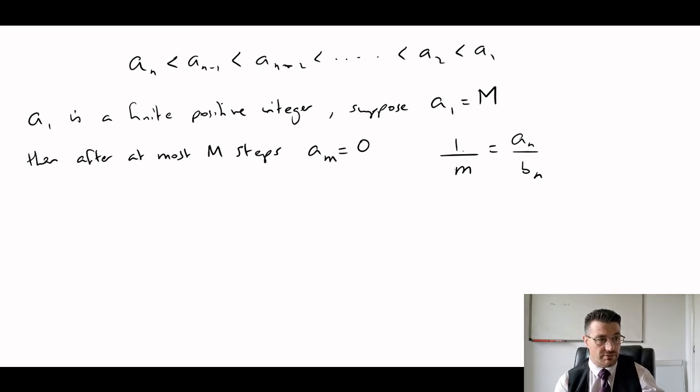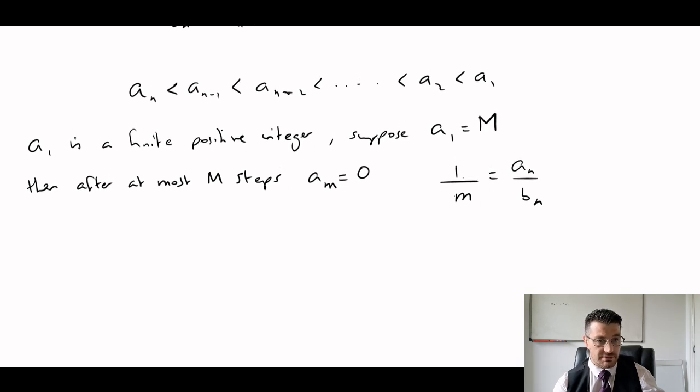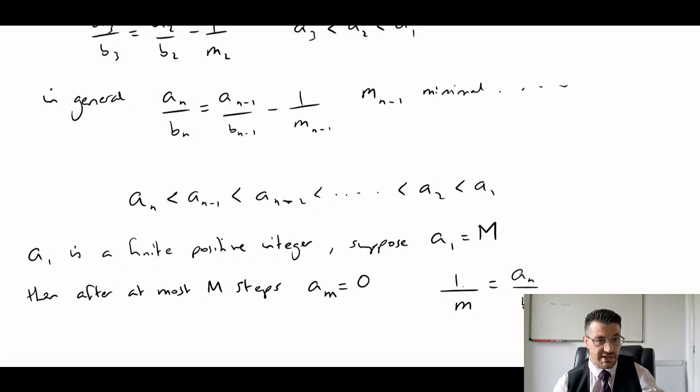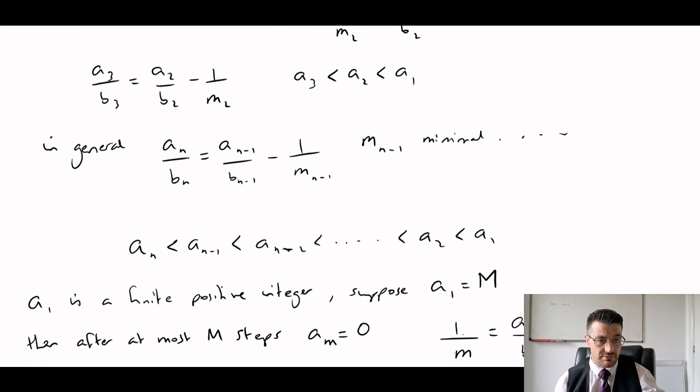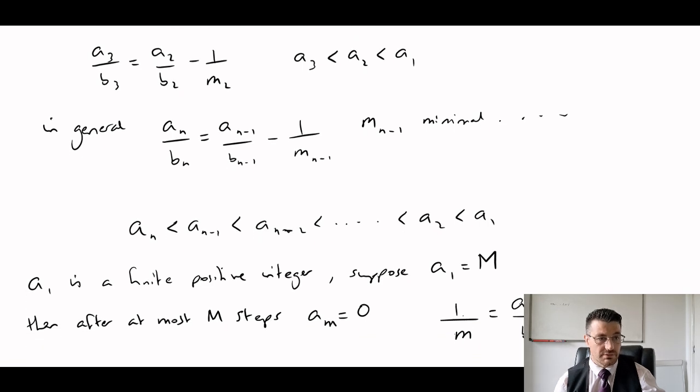So what we see then is that we've got a procedure here that's based around the results from part 2. We just keep iterating that until we get to a point where, in part 2, we were looking for the smallest natural number such that 1 over m is less than or equal to q.